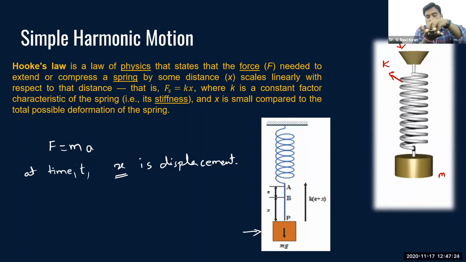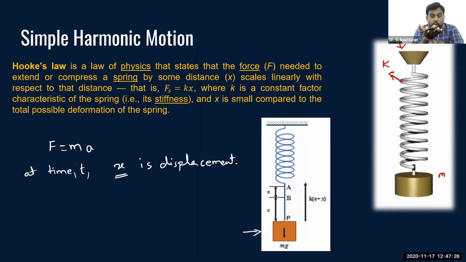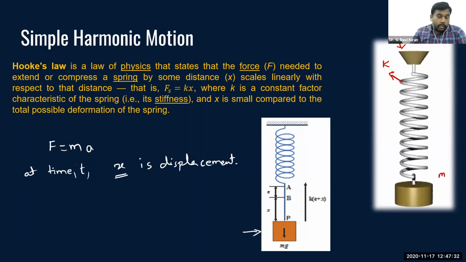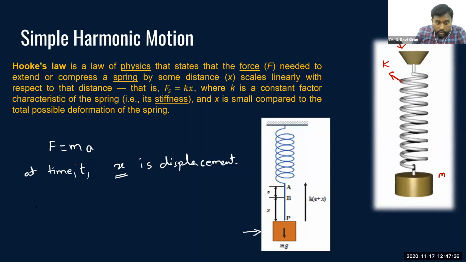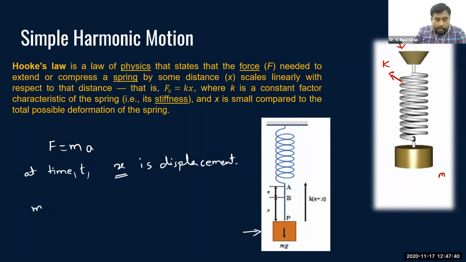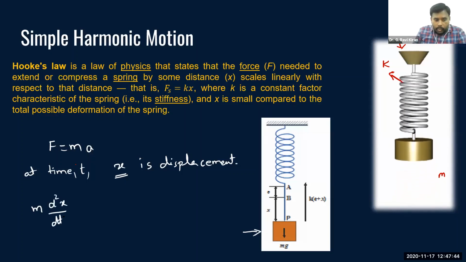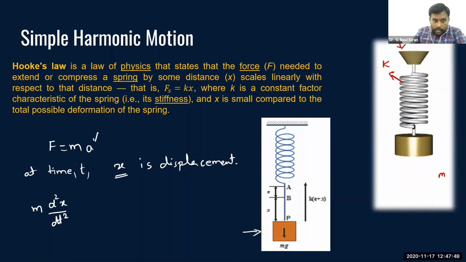At this position, there are two forces acting on it: one force towards down and one restoring force due to the spring. The force acting downwards will be m into d square x by dt square. What is this d square x by dt square? We need acceleration, right?